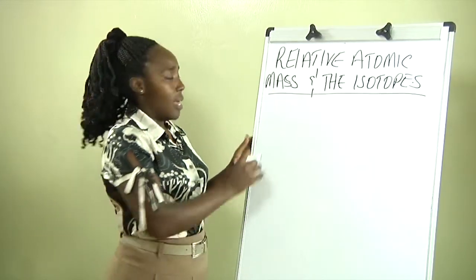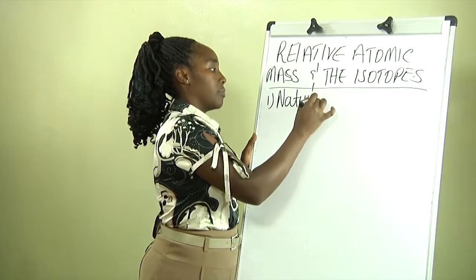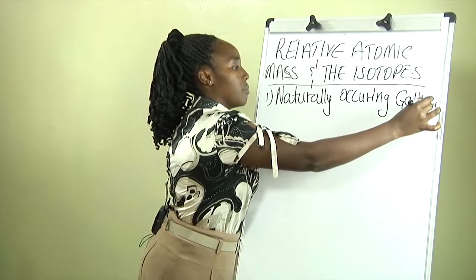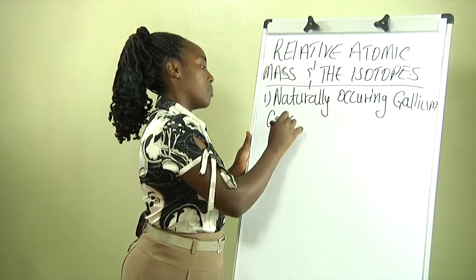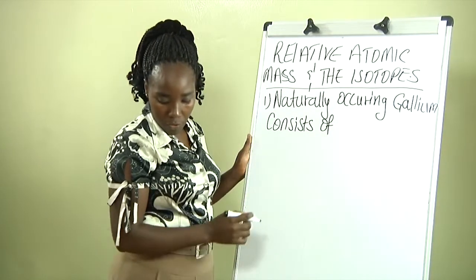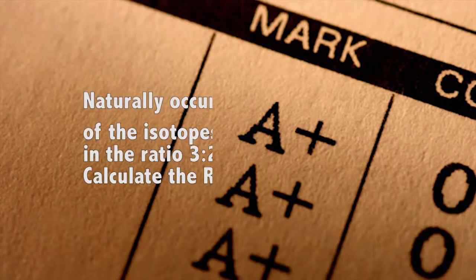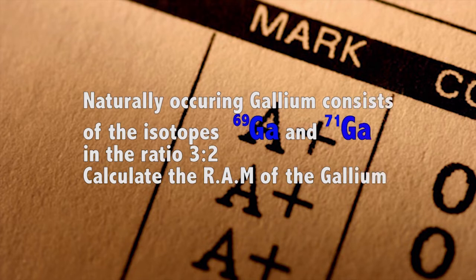So the question was that naturally occurring gallium consists of the isotopes gallium 69 and gallium 71 in the ratio 3:2, and you are supposed to calculate the relative atomic mass of the gallium element.